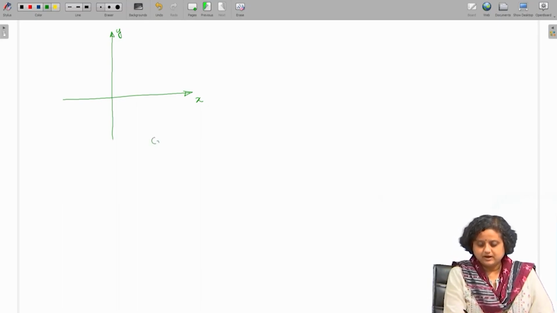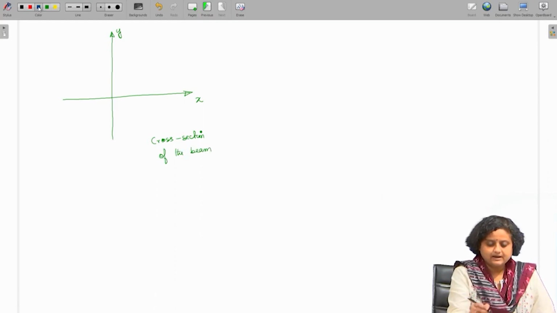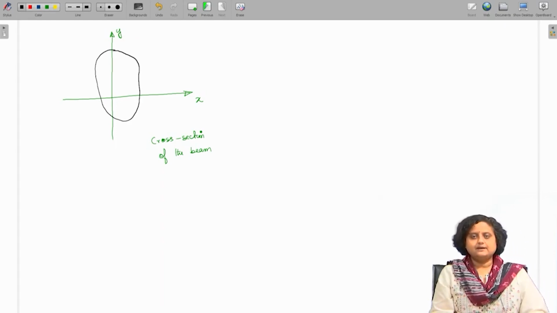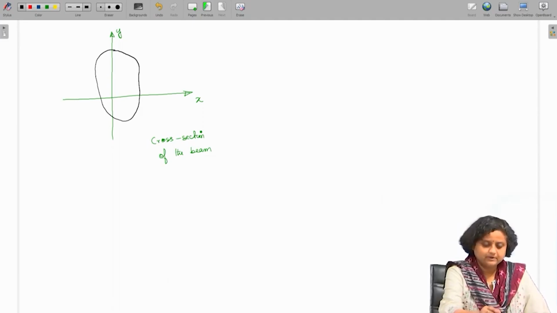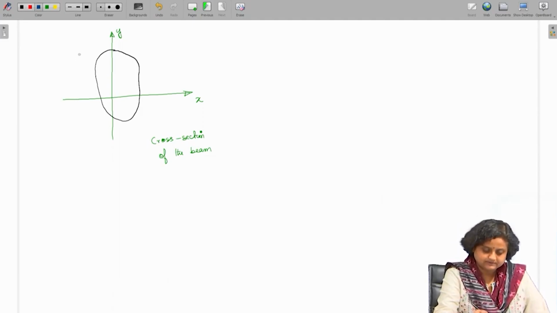So, we are going to draw the cross section of the beam. Let me draw the neutral axis.